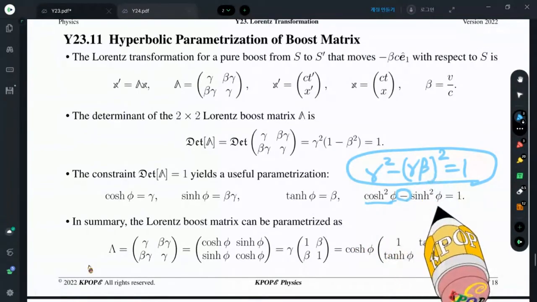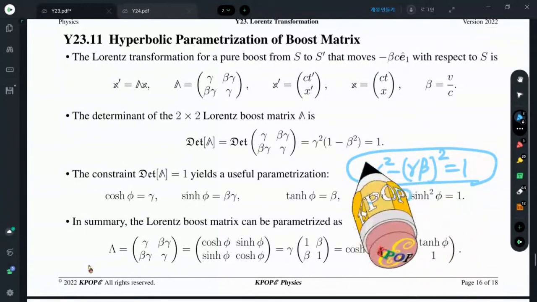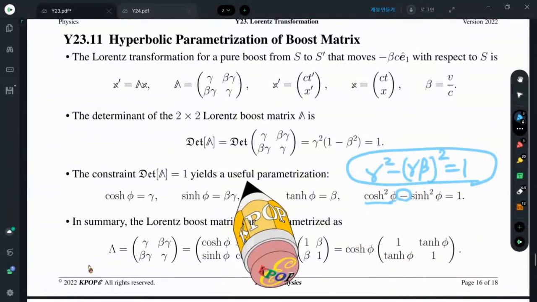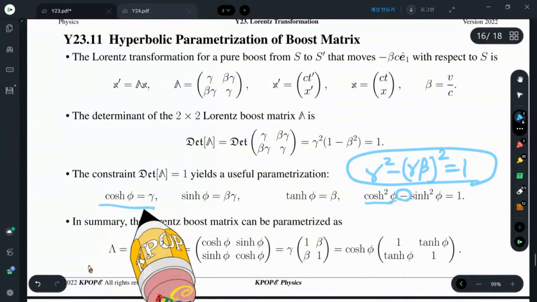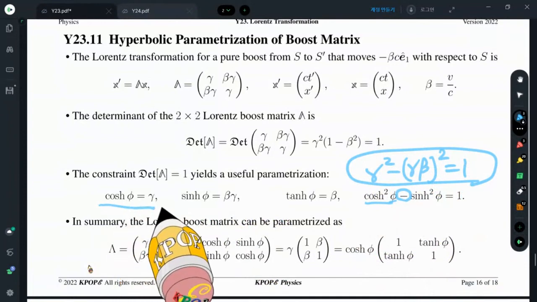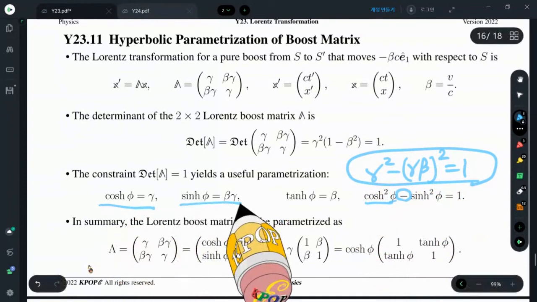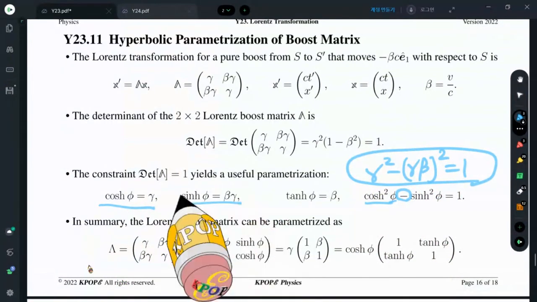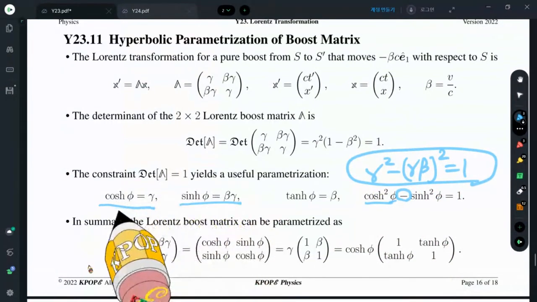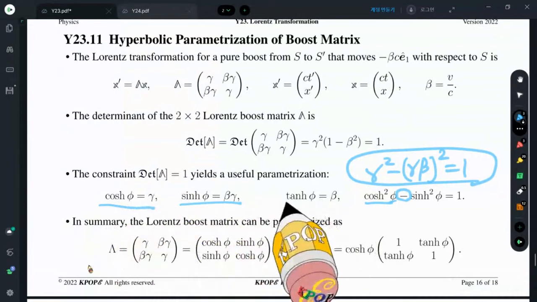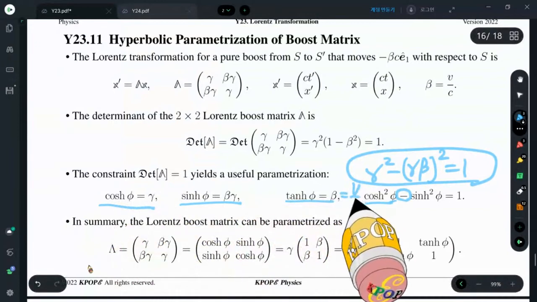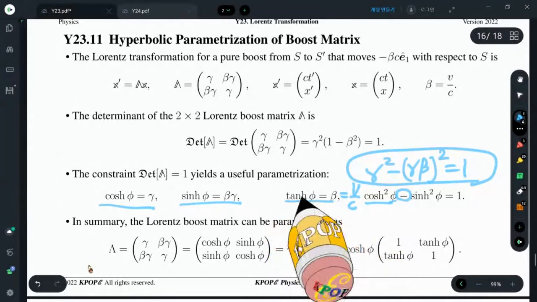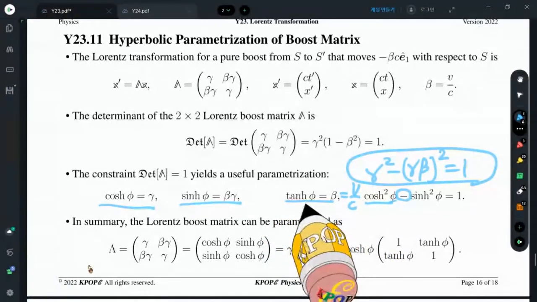It is always satisfied. Therefore, our new parameterization for a Lorentz boost is: cosine hyperbolic is gamma, sine hyperbolic is beta gamma. Why don't we take the ratio? Then gamma cancels and beta, that is v over c, appears as a tangent hyperbolic.